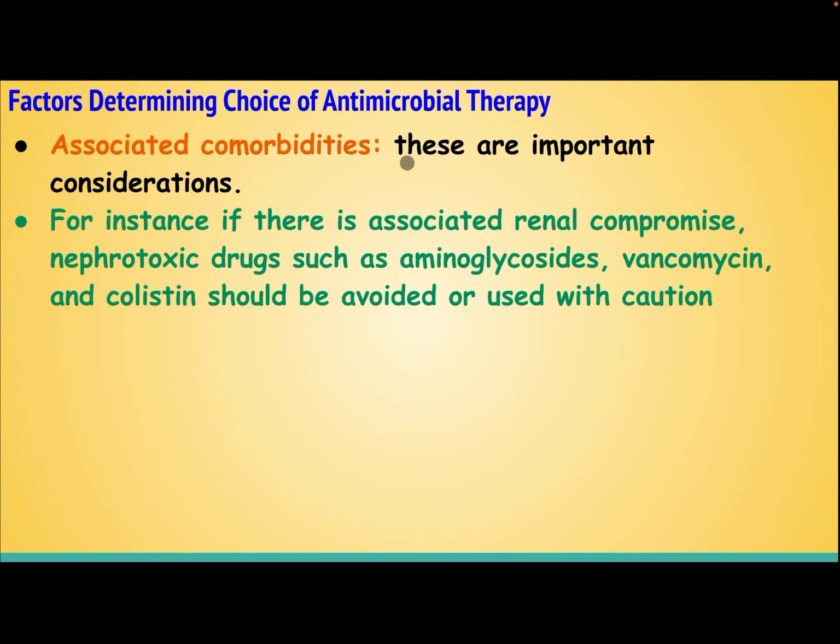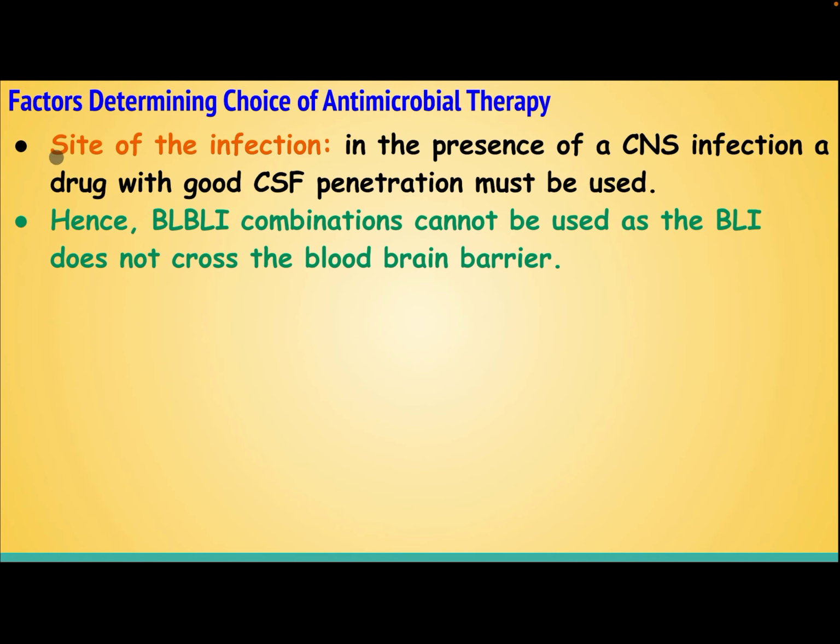Associated comorbidities. These are important considerations. For instance, if there is associated renal compromise, nephrotoxic drugs such as aminoglycoside, vancomycin, and colistin should be avoided or used with caution. Site of infection. In the presence of a CNS infection, a drug with good CSF penetration must be used.